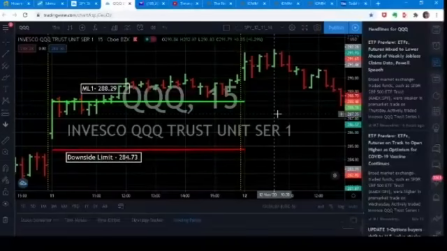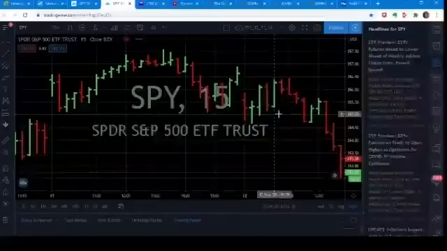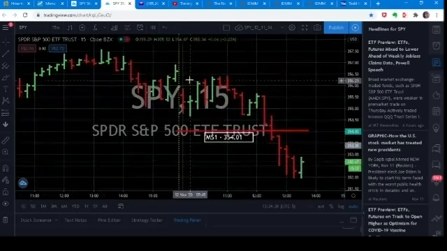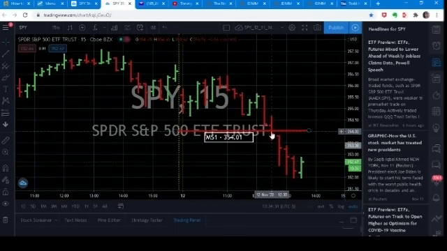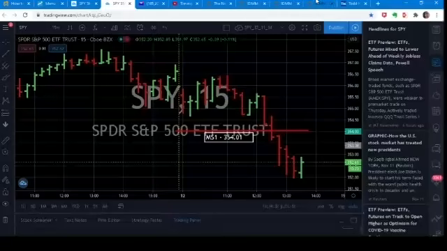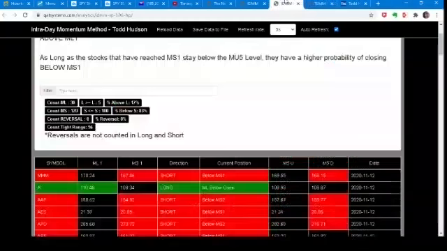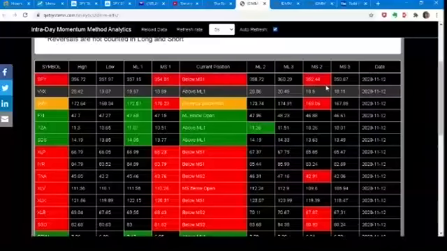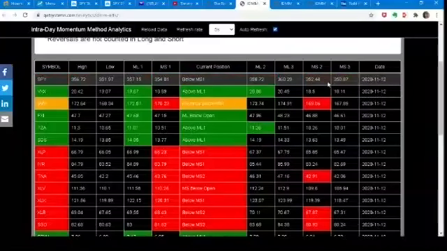And this is not the high probability trade because it actually had reached the distance halfway between the open and the ML1 before it reached the MS1 level down, and the MS1 level down was 354.01. And it actually reached the MS2 level down.